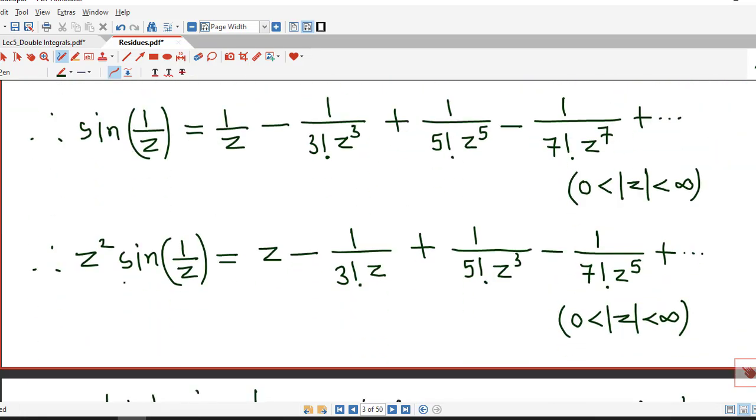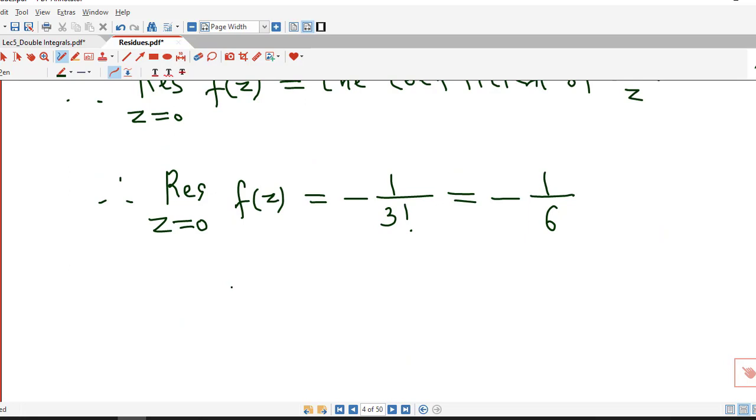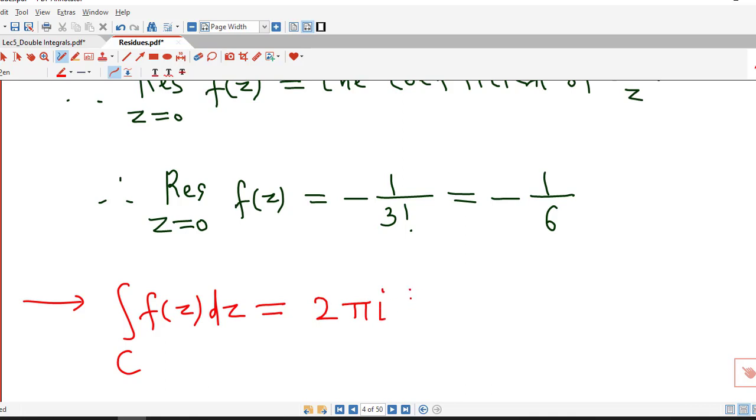So this is nothing but f of z. f of z is equal to z square sine 1 by z. So we have obtained the residue of the given function. Now as we discussed, the integral of function f of z dz over mod z equal to 1 is nothing but 2 pi i times the residue of f of z at z equal to 0.